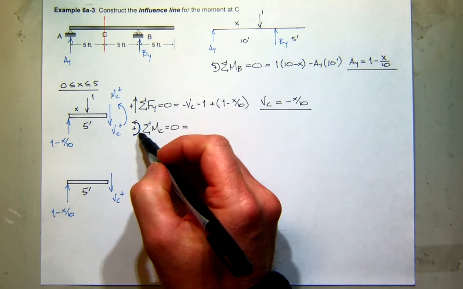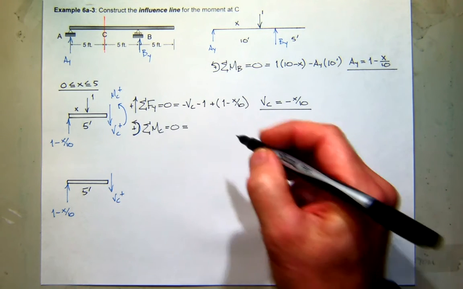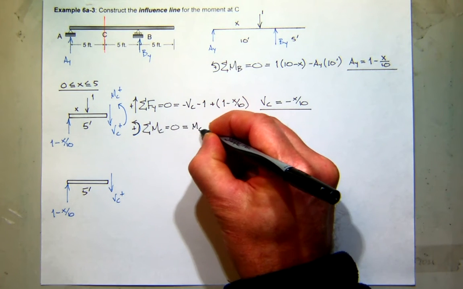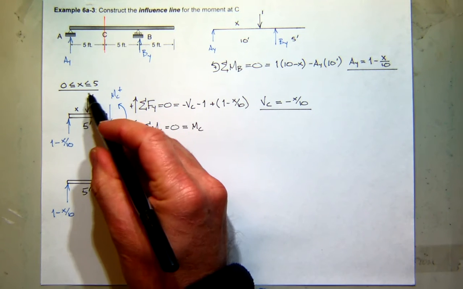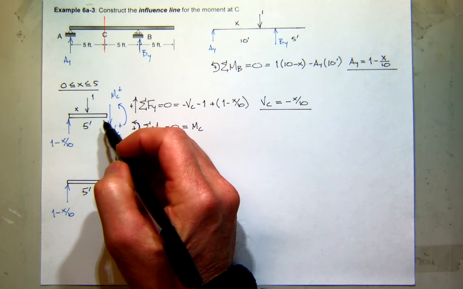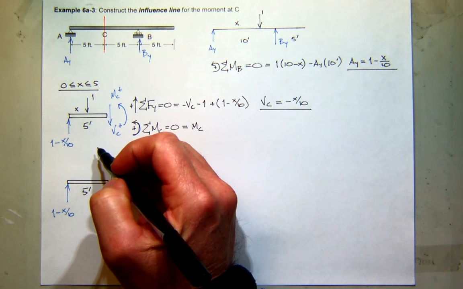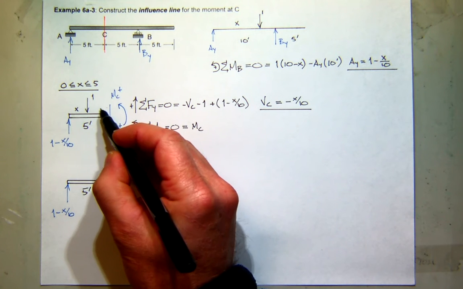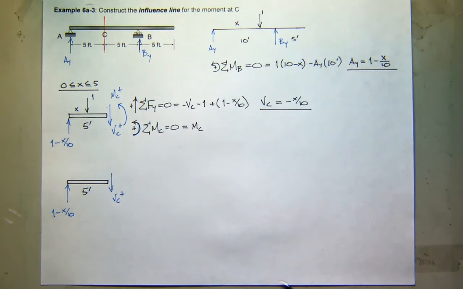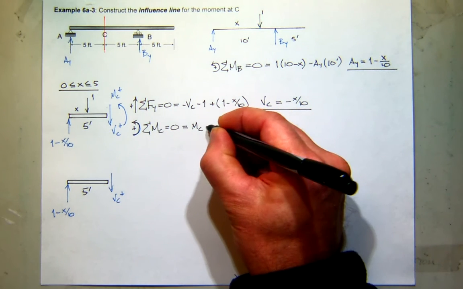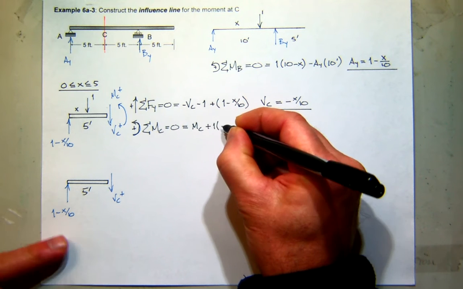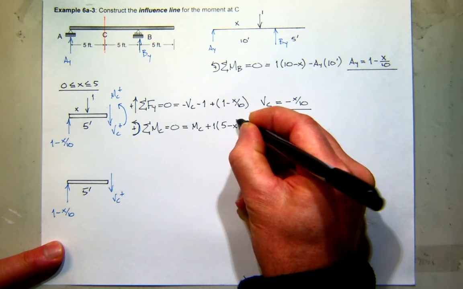So, summing moments at C with right-hand rule, my moment is positive. Now, my unit load is going to create what kind of moment about C? Positive. And what's the moment arm? This distance right here, 5 minus x. So 1 times 5 minus x.